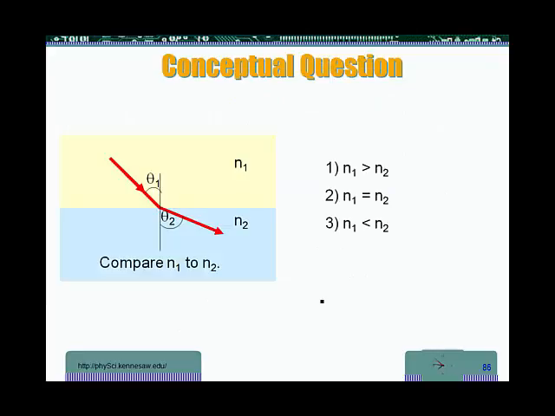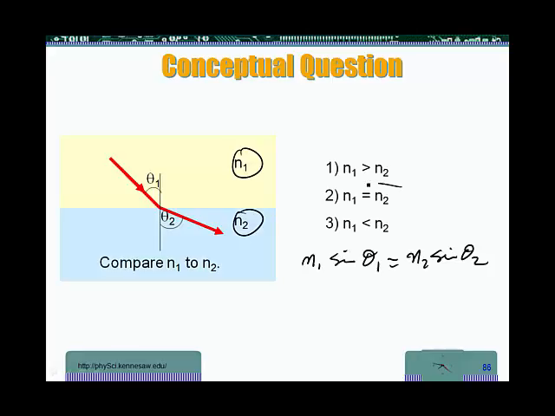Okay, just applying that just as a quick reminder. So we have both media, n1 and n2, and the light beam is moving in with an angle of theta 1 to an angle of theta 2. And we see that theta 2 is larger. From what we just mentioned, n1 sine of theta 1 is equal to n2 sine of theta 2.